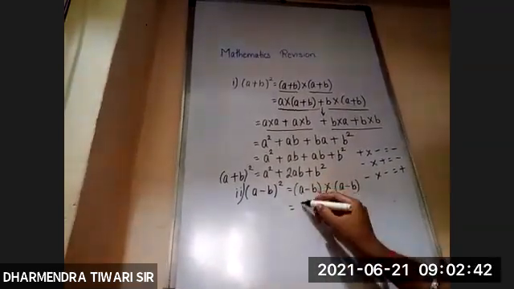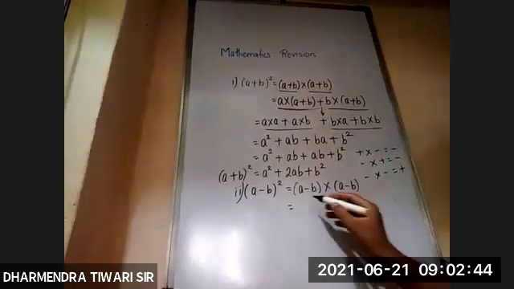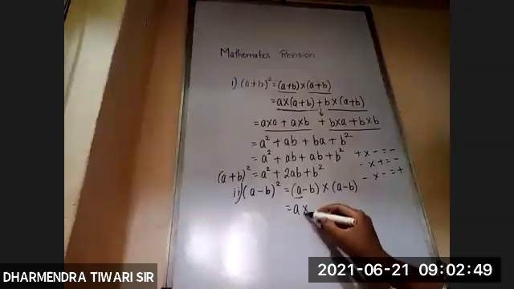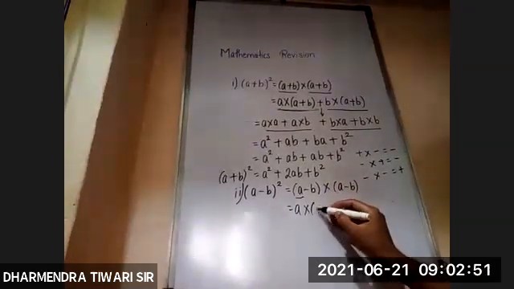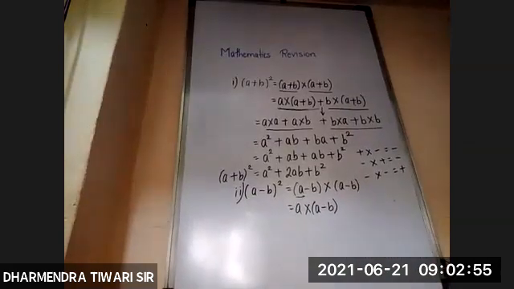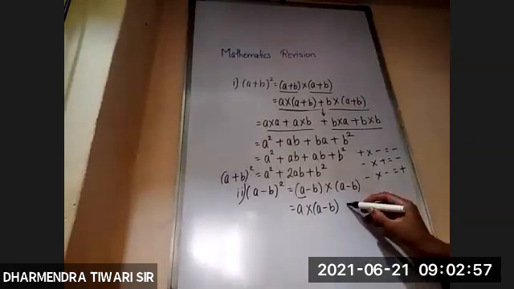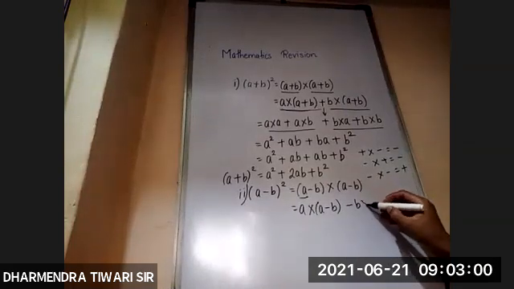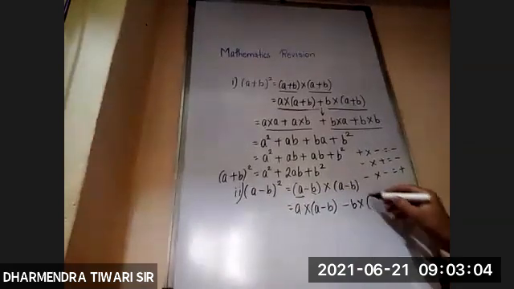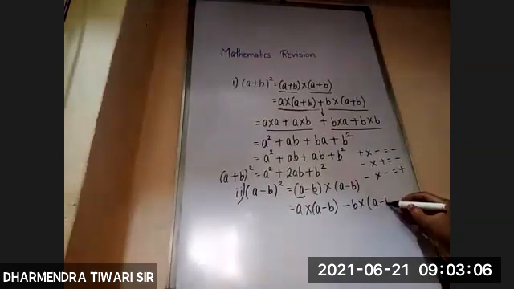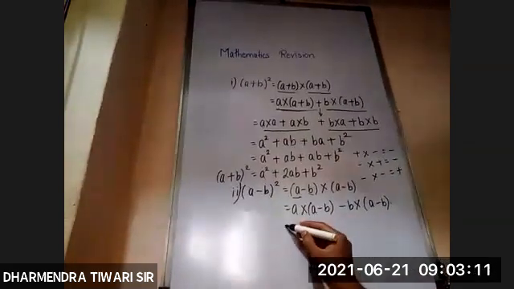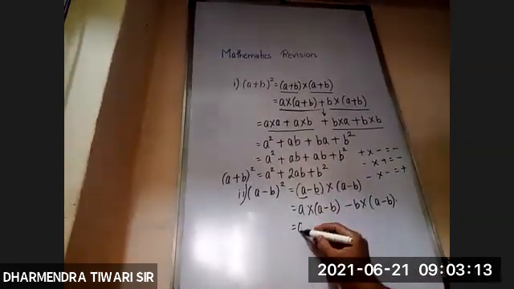So now, as we have split the bracket, we'll be taking first term A, and after that, this is multiplication, A minus B. After that, minus B into the whole second bracket, that is A minus B. Open the bracket.